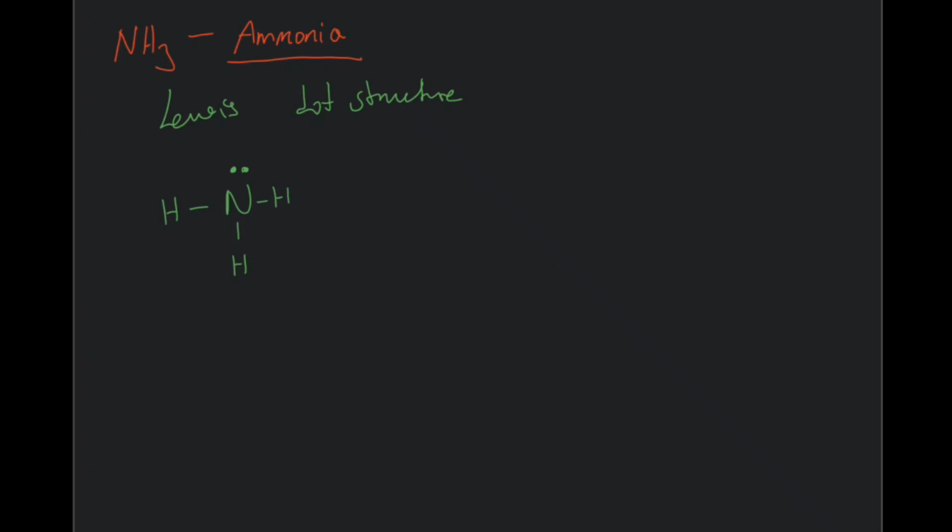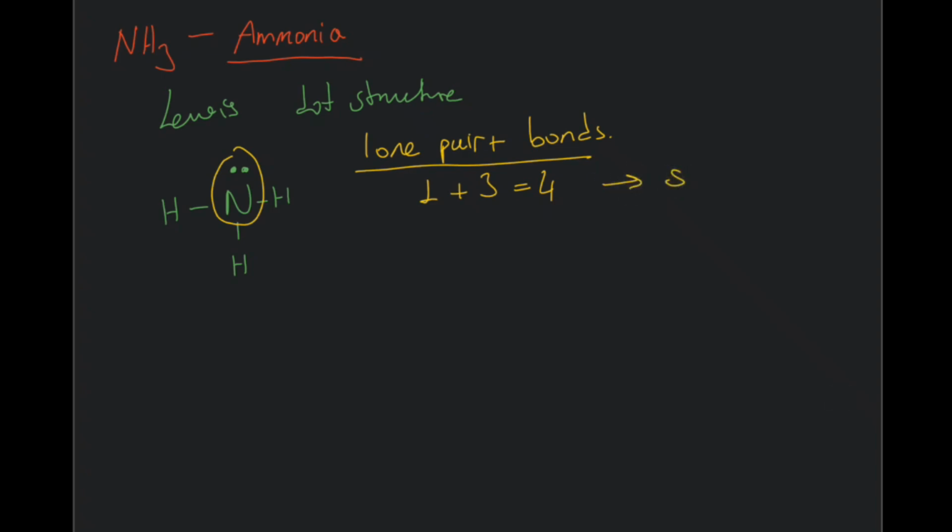So what is the hybridization of the nitrogen? We basically count the lone pairs plus the bonds. So we have 1 lone pair and 3 bonds, and we need 4 hybrid orbitals, which means that we need to make sp3 hybridization for the nitrogen atom.